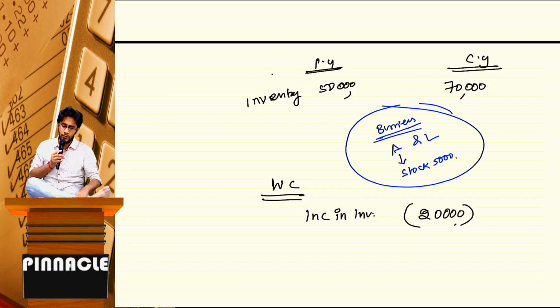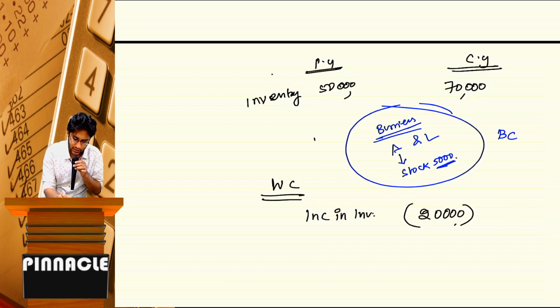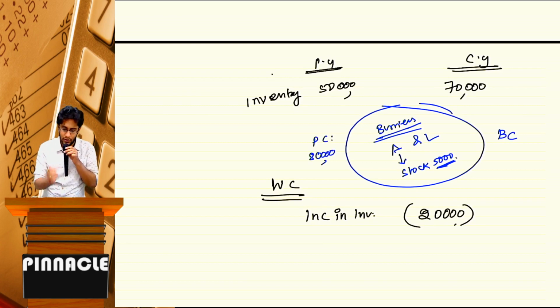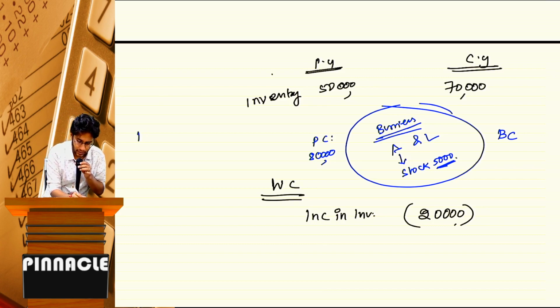But since there is a business combination transaction, if 5,000 is part of your business combination, imagine, suppose in PC you paid some 80,000. Now whatever business you have taken over, in that there are inventory, debtors, some investment, some PPE, some creditors, all these.